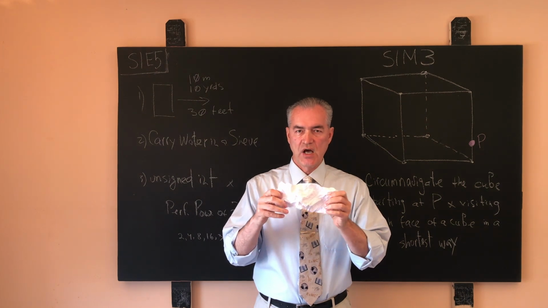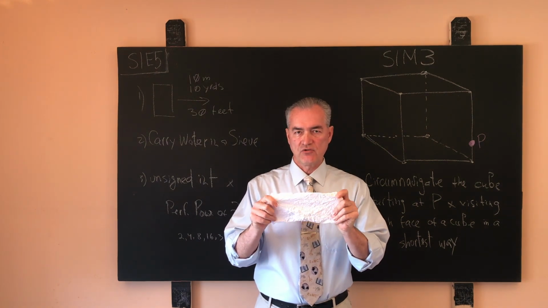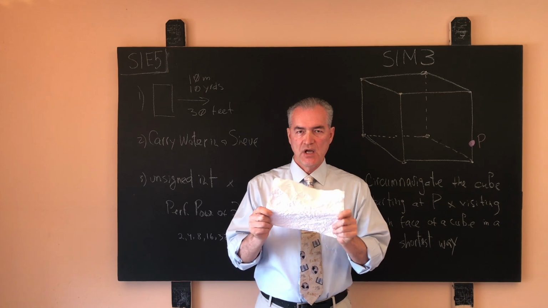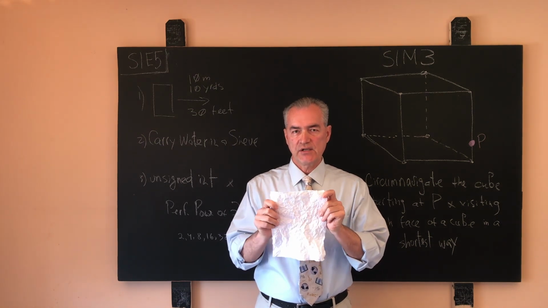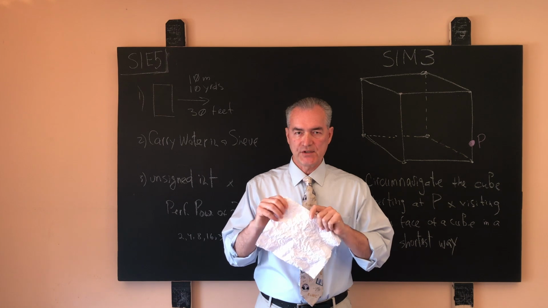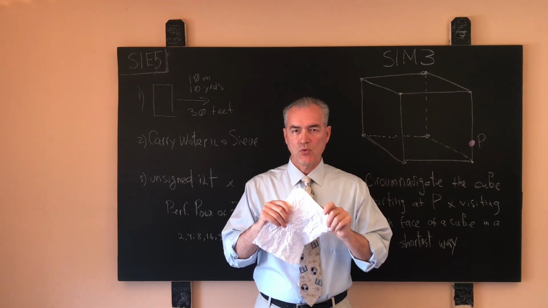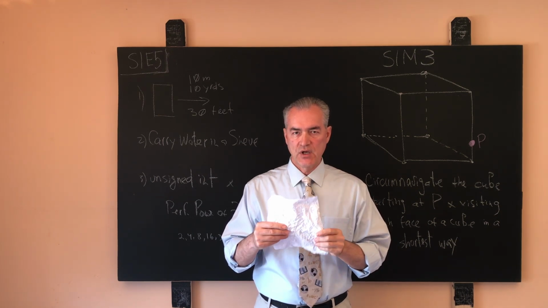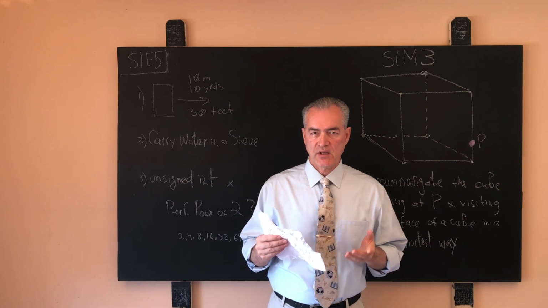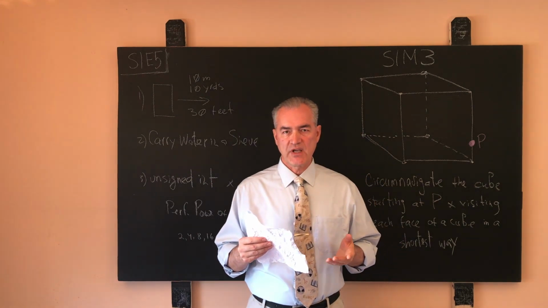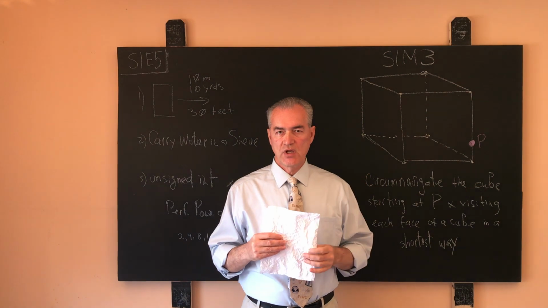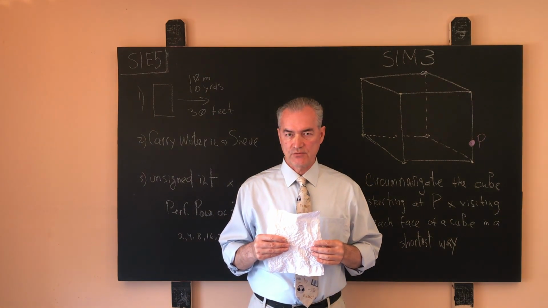We can always unfold that sheet of paper back into the original, as long as we take care not to rip or tear that sheet of paper while we are crumbling it, which is pretty much the same thing that we did when we were creating a net of a cube in the previous episode.